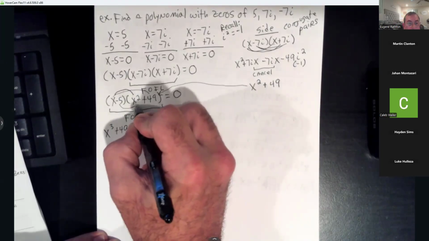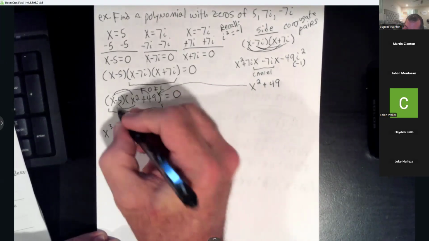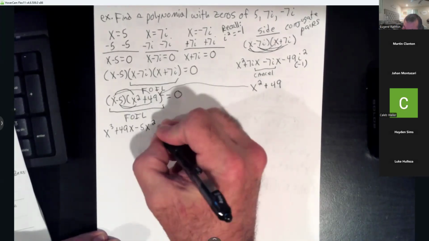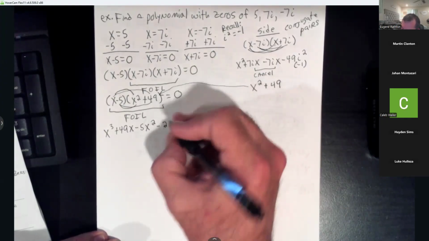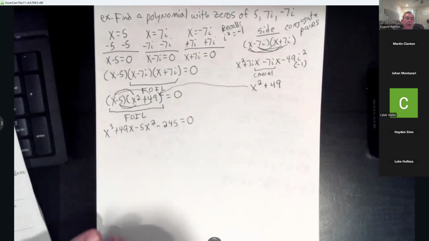Negative 5 times x squared is a negative 5x squared. And then negative 5 times 49 is a negative 245. All equal to 0.